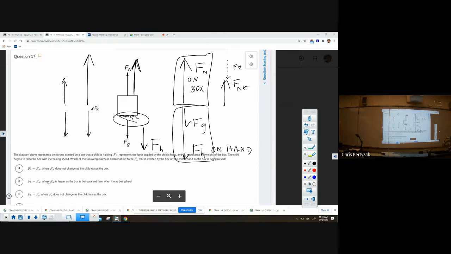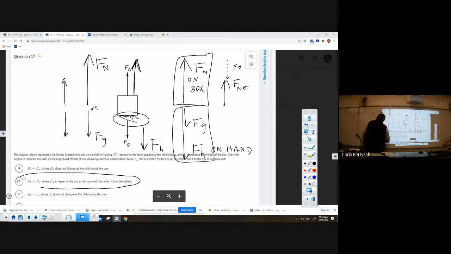No other ones incorporate that idea. And the secondary idea is that Fn is larger as the box is being raised, so that there's an unbalanced force between Fn and Fg, so that it actually accelerates and gains speed, because they said it begins to raise the box with increasing speed. So the correct answer would be A.